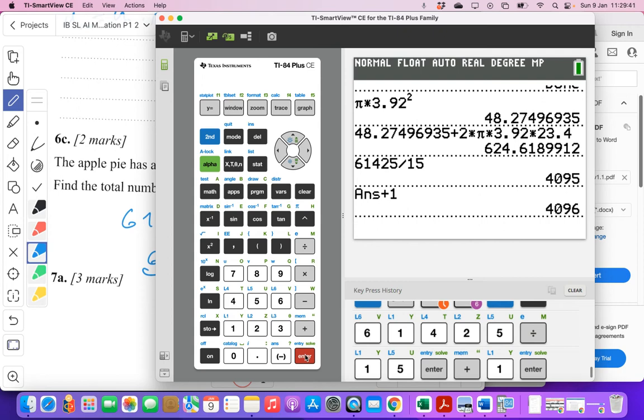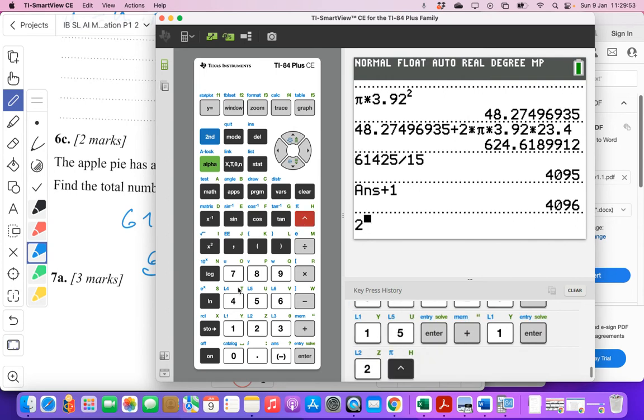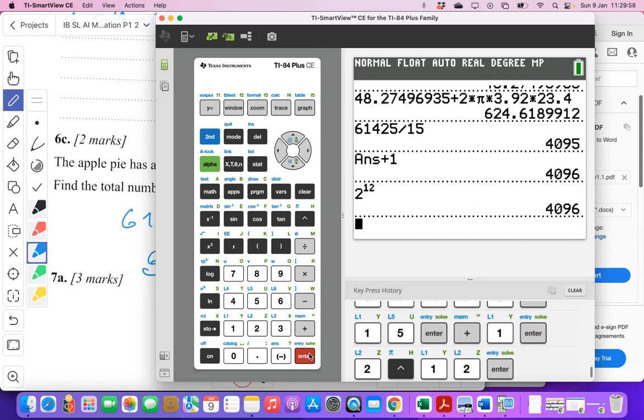This is a power of 2. This is a power of 2, and I think it's 2 to the 12th power. Yes. Okay, so that's 12 slices is going to be the total number of slices for the students.